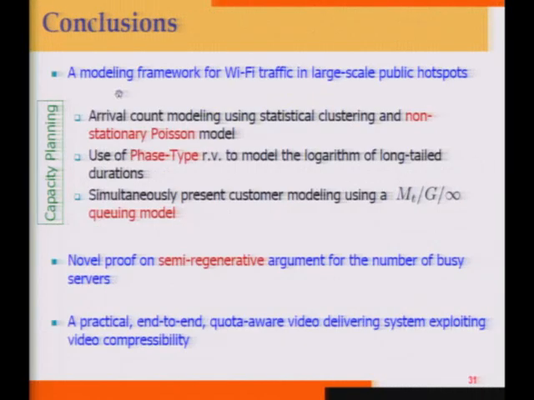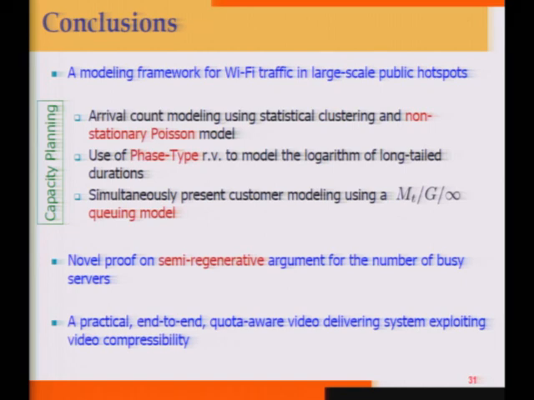Let me draw the conclusions and then we'll take questions. In the first part, we showed a modeling framework for Wi-Fi traffic in large-scale public hotspots. We showed 3 different kinds of models for capacity planning of the network. One was arrival count modeling with the non-homogeneous Poisson process. The second was phase type distribution to model the connection durations.